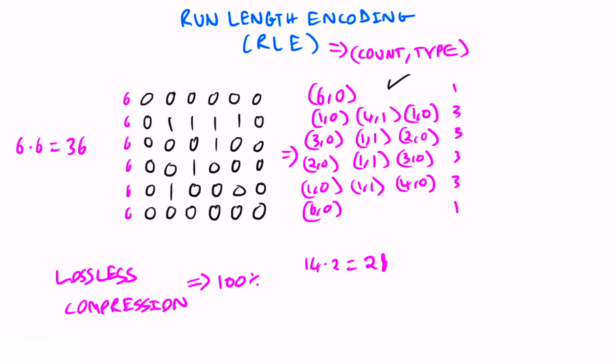So instead of 6 zeros, you write for row 1, 6 zeros. And then for row 2, it's 1 0, 4 ones, and 1 0. You can keep applying this down below to get your original image from the compressed image.